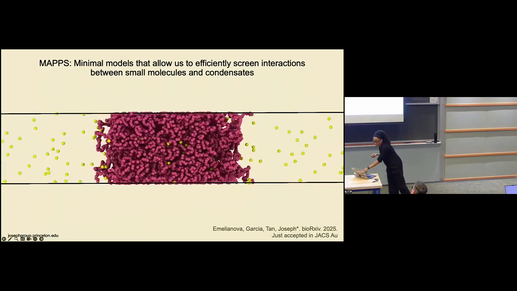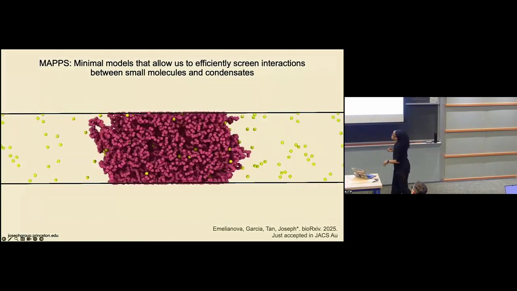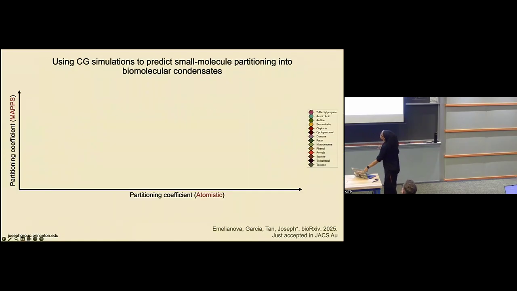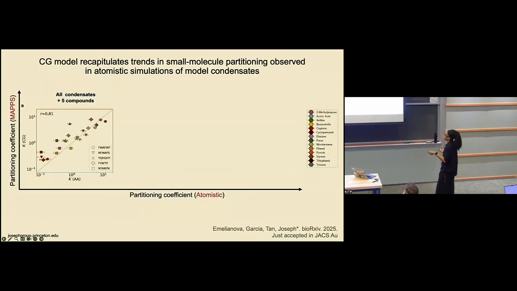And so we now want to see how well we can actually predict partitioning, and whether we can do this for much larger systems. First I'll show you briefly what we get if we look at our model condensates. I showed you a bunch of data for model condensates in all atom, and we do relatively well if we compare for our model systems that you've seen before.